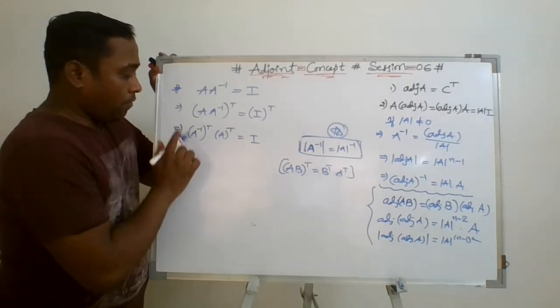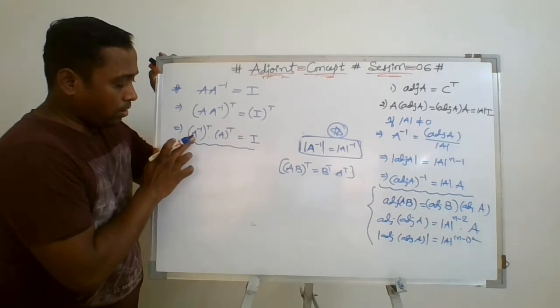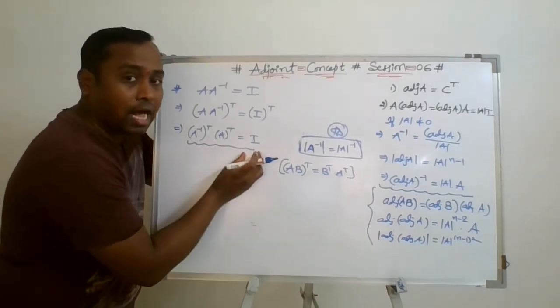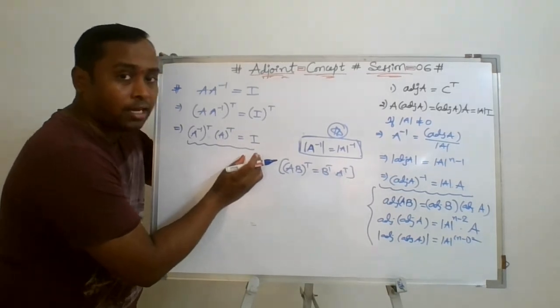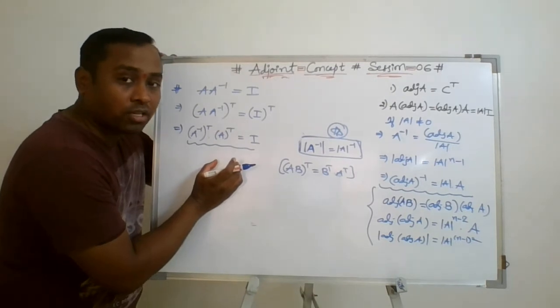Now, what is the conclusion from this statement? This is a matrix. This is also a matrix. Product of two matrices is I. It means that these two matrices are inverse of each other.